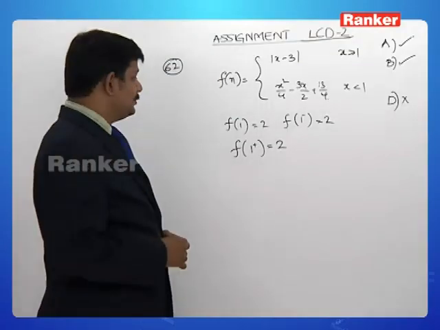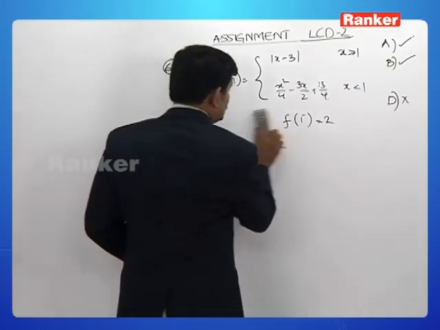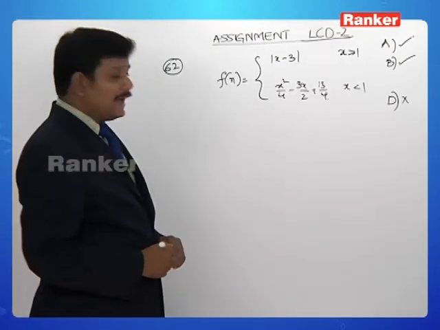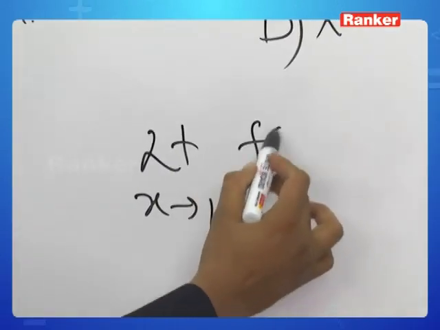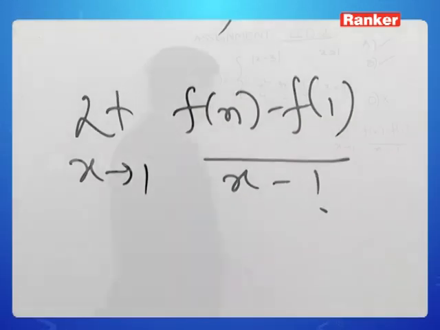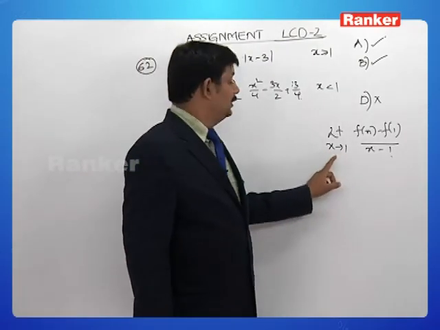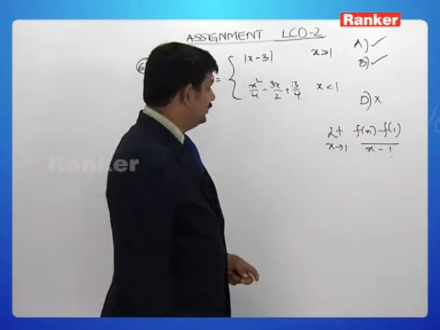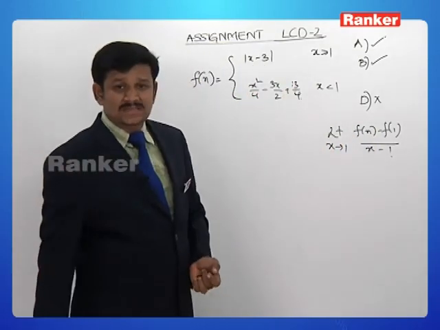Now let us check differentiability of the function at 1. For differentiability, we should be evaluating limit x tending to 1, f of x minus f of 1 divided by x minus 1. And to know what is f of x, we need to evaluate left hand derivative and right hand derivative separately.